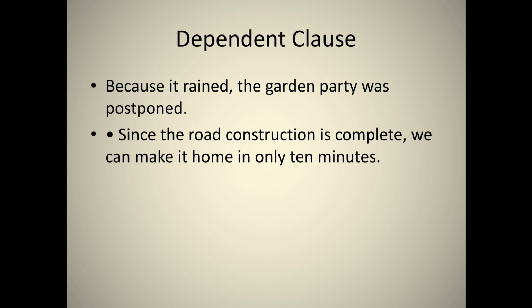So this is a dependent clause, and the next clause, we can make it home in only 10 minutes, is a complete sentence, so it is an independent clause. So the first one is dependent clause beginning with a conjunction, and the second one is a complete sentence, so it is an independent clause, right? So you can write a sentence beginning with a dependent clause, okay? So when you will practice, you will learn more.